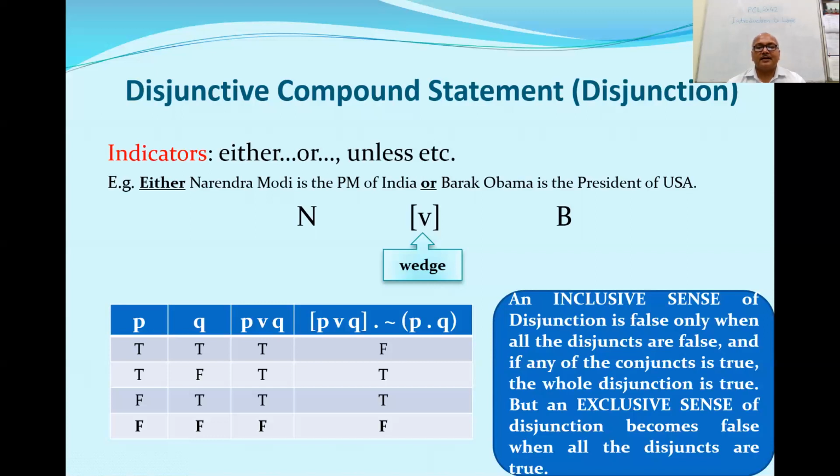So when it is said that either 3 shirts or 4 plates are for 100 rupees, you cannot consider that you can take shirts and plates both for 100 rupees. But look at the situation here, either P or Q. When P and Q both are true, that means if you are taking 3 shirts as well as 4 plates, can you pay just 100 rupees? That is not possible, right?